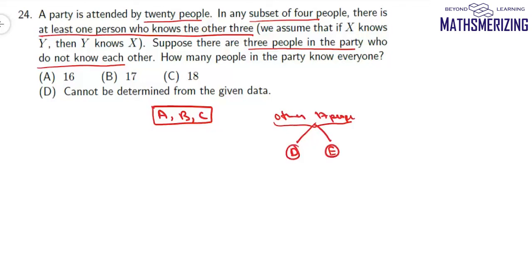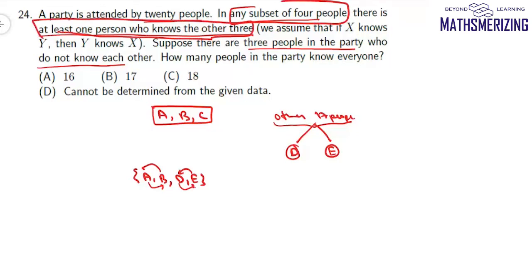So we can have this condition when we have A, B, D and E. So we'll choose a group of 4 in which we have A, B, D and E. Now clearly A doesn't know B, D doesn't know E, B doesn't know A and E doesn't know D. So it contradicts the condition that in any subset of 4 people, there is at least one person who knows the other 3. So that means we cannot have any 2 people who do not know each other.